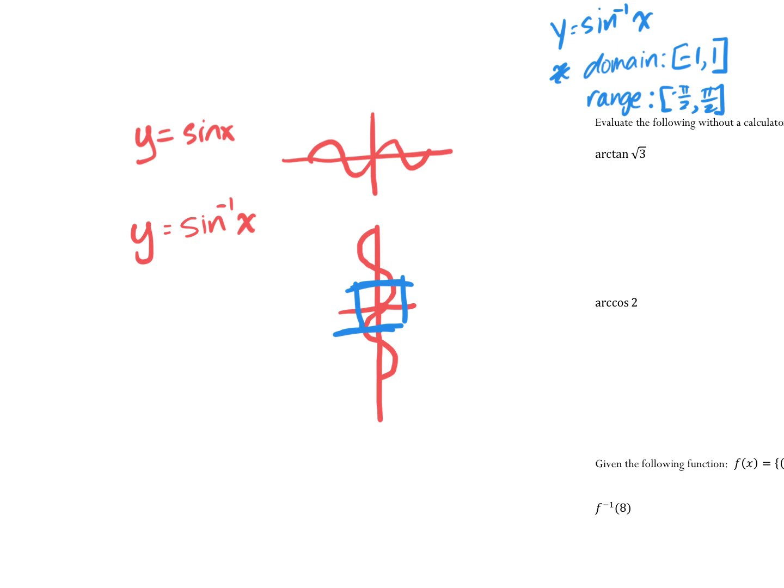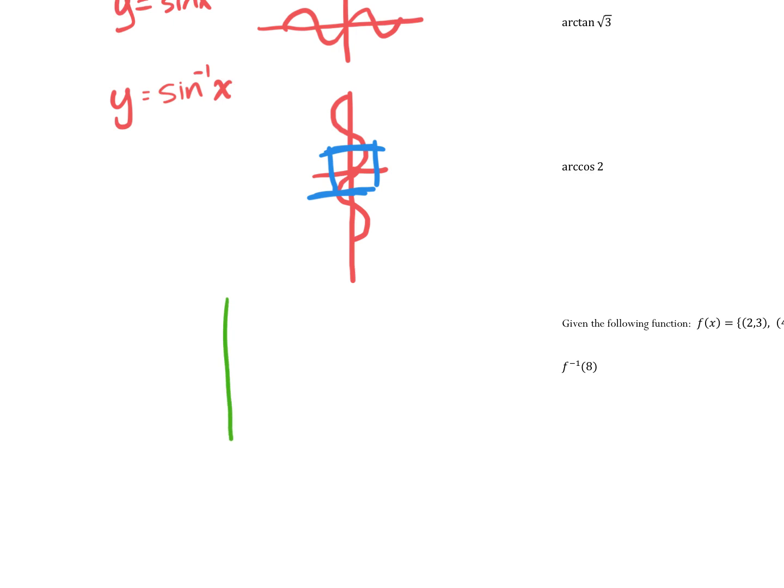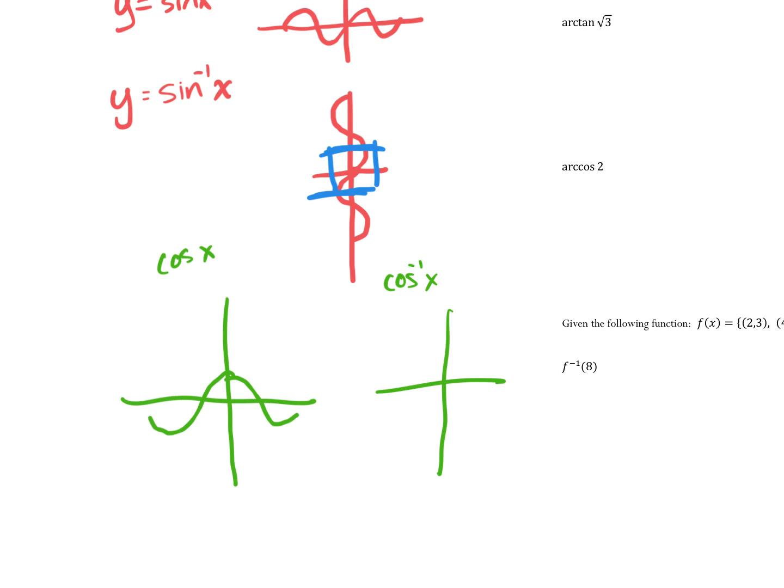All right. So if I shift this to cosine inverse, well, cosine of x versus cosine inverse of x looks like this. That's a full period of cosine.